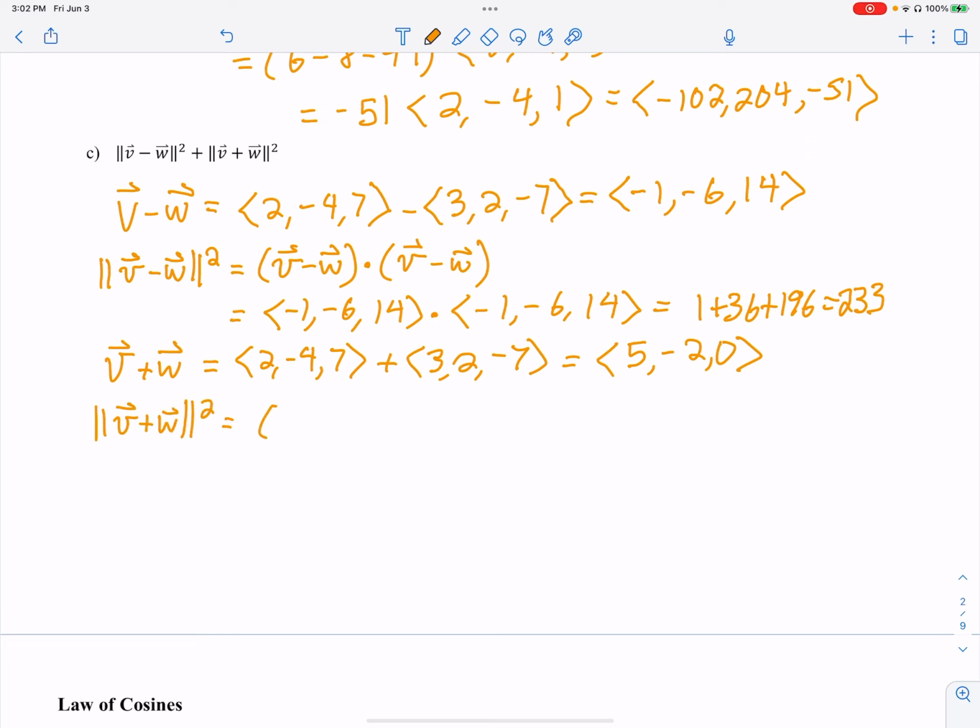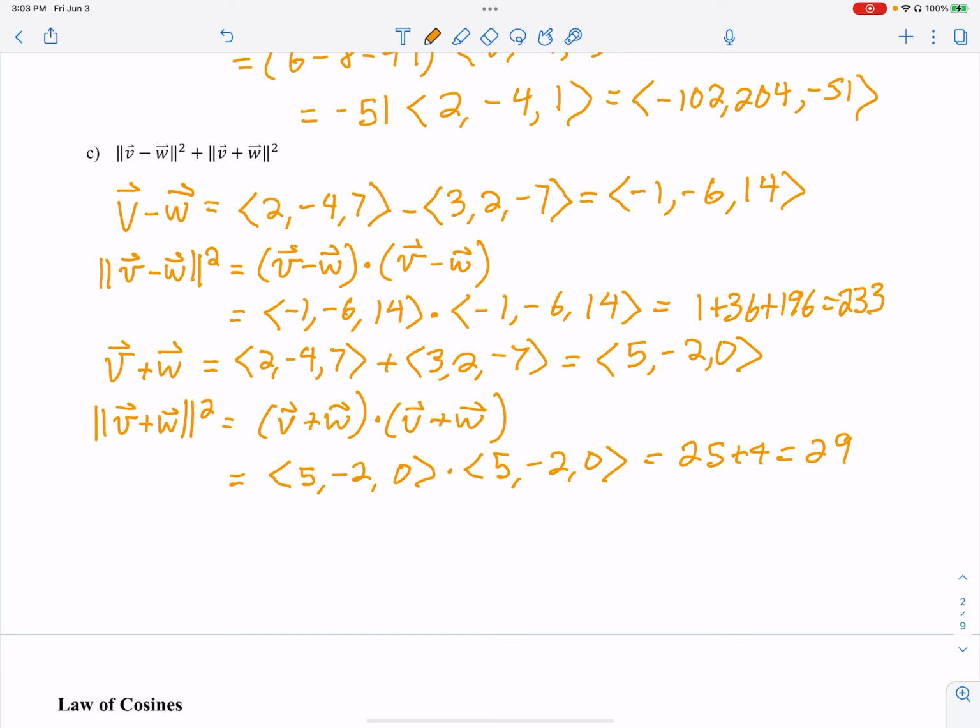We know that is just the dot product of the vector with itself. That is 5, negative 2, 0, dotted with 5, negative 2, 0. That ends up being 25 plus 4, which is 29.